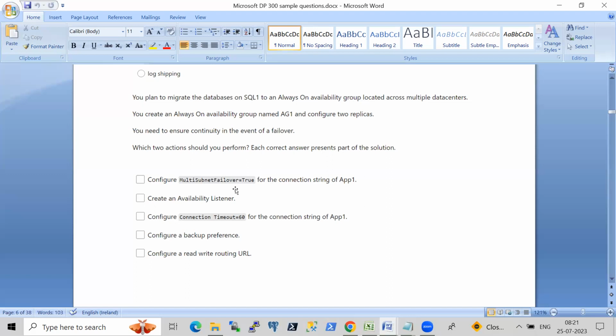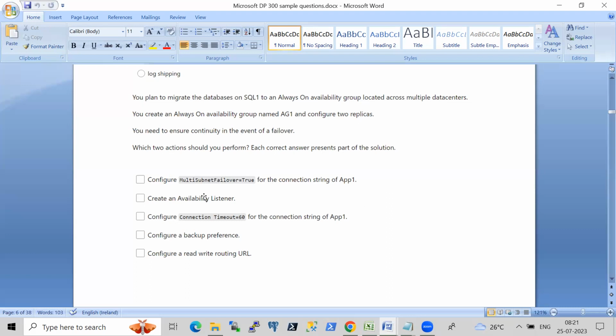Just a discussion. So my question is, let's talk about this question only. He is not mentioning multiple data centers. He's just saying single subnet. Okay, means only one data center. We don't have multiple data centers, only one single subnet. In such case, should I write multi-subnet failover equal to true in on-premises? No, not required, right?